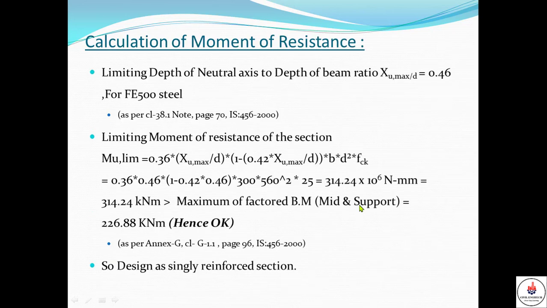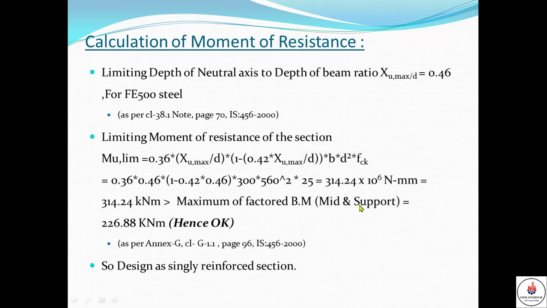For the moment of resistance, we have to calculate the limiting moment of resistance of the section. If our acting moment is less than that, then we can say that the section is under reinforced and can be designed as a singly reinforced section.